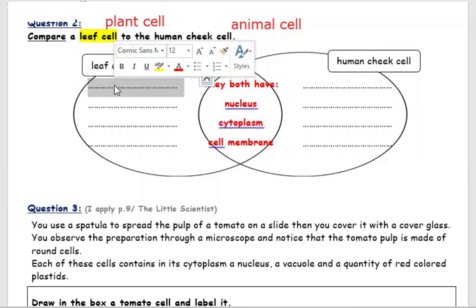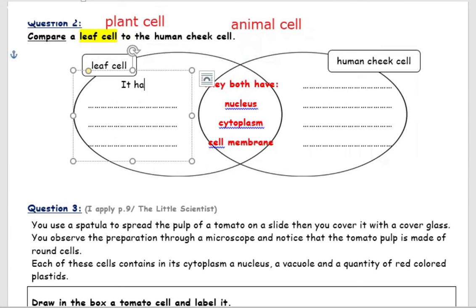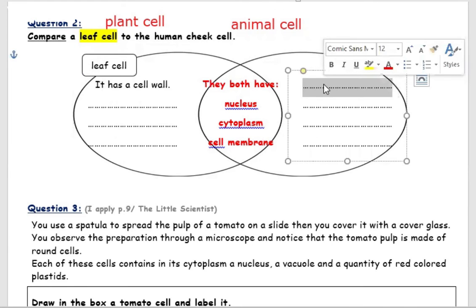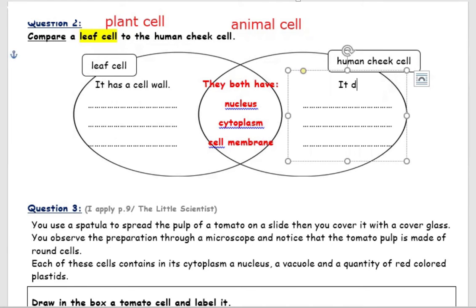A leaf cell has a cell wall, while the human cheek cell doesn't. All right, no cell wall.